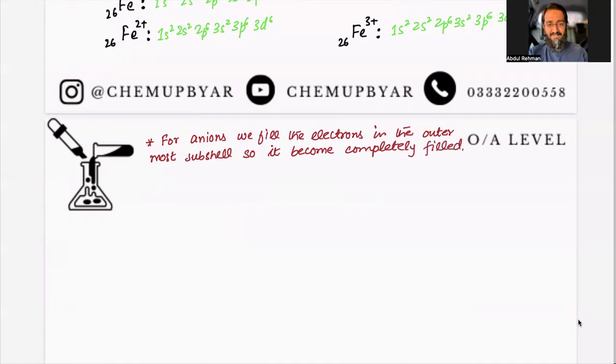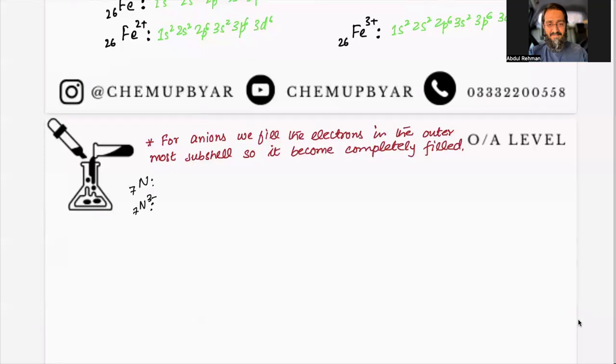For example, if I take nitrogen, when it turns into the nitride ion, it has a three negative charge.